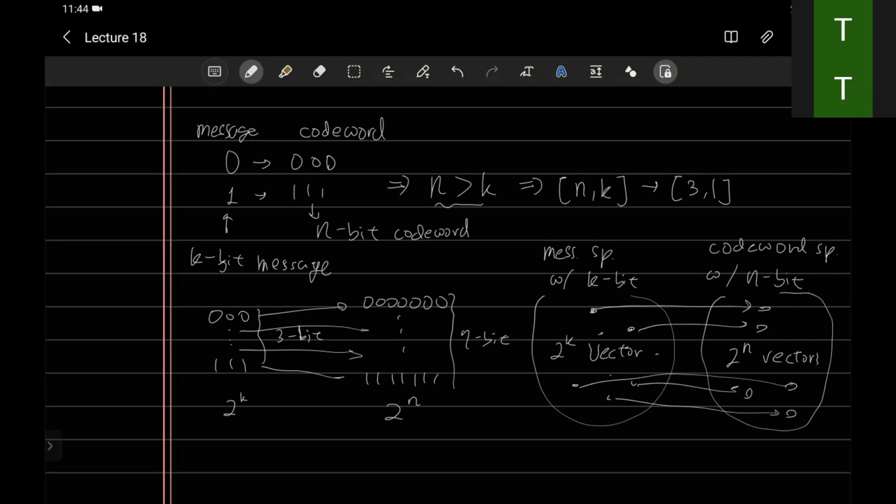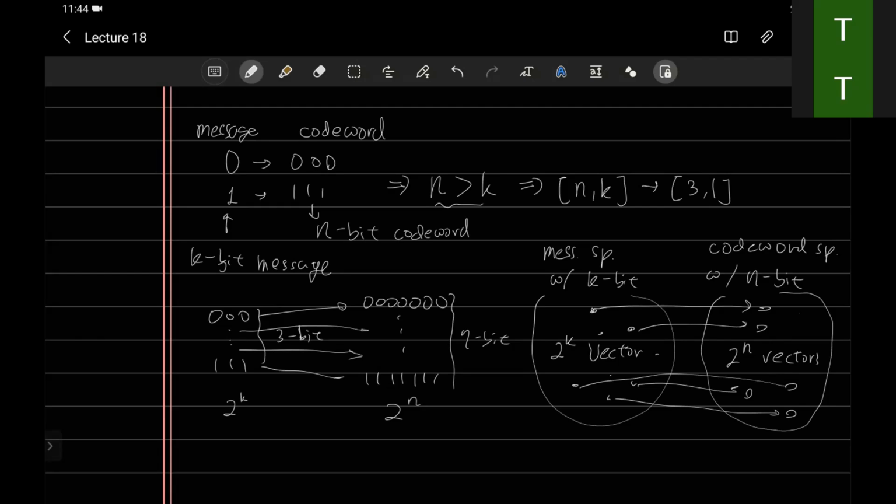There will be a lot of vectors which are not directly mapped from the message space. So again, this space is much larger compared to the message space. And if we receive some word which does not belong to this set of code words, then in principle we can say that we detected some error in the transmission.